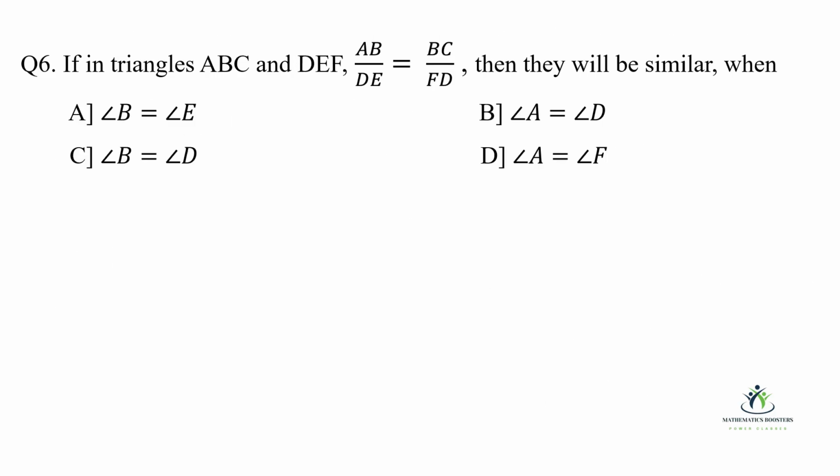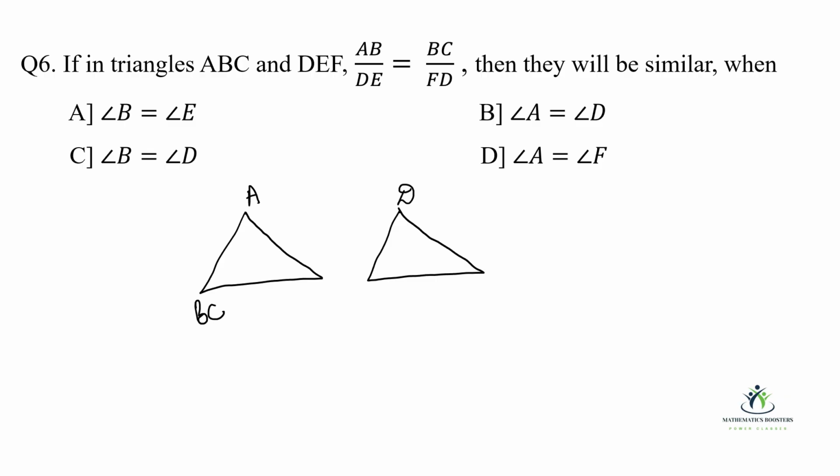Moving to next question. In triangle, whenever this type of question comes, try to draw diagram A, B, C, D, E, F. Now, AB and DE, then BC and FD.